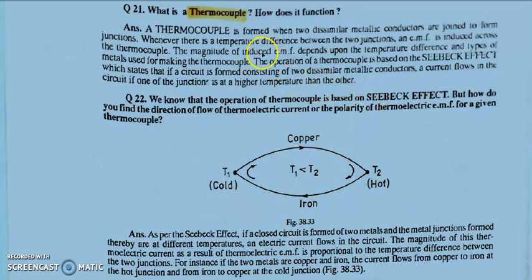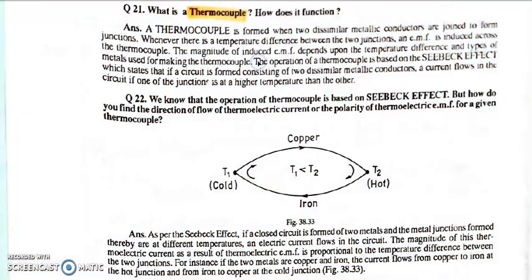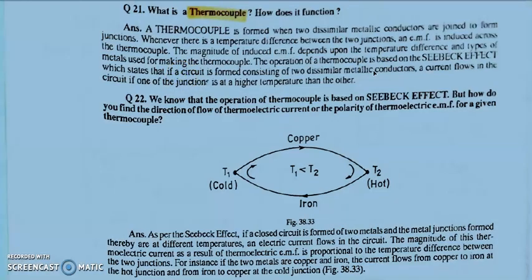The principle, or you can say the theory, of thermocouple is based on this Seebeck effect, which states that if a circuit is formed consisting of two dissimilar metallic conductors, a current flows in the circuit. I think you have understood in a proper manner.